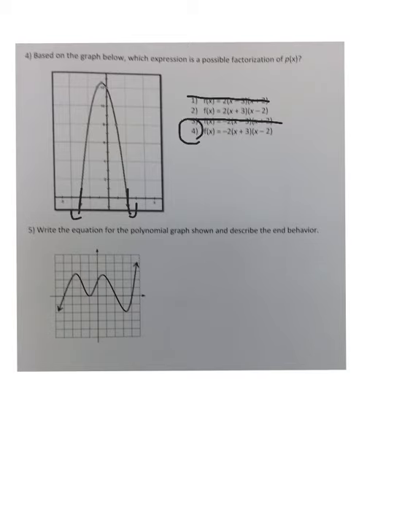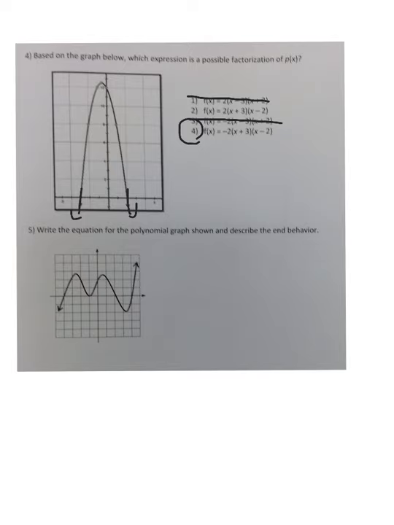Okay, so number 5 says write the equation for the polynomial of the graph and describe the end behavior. Okay, well, let's see. We know our zeros, so how about we look at those? So we have 1, 2, 3. So we've got x equals -4, x equals -1.